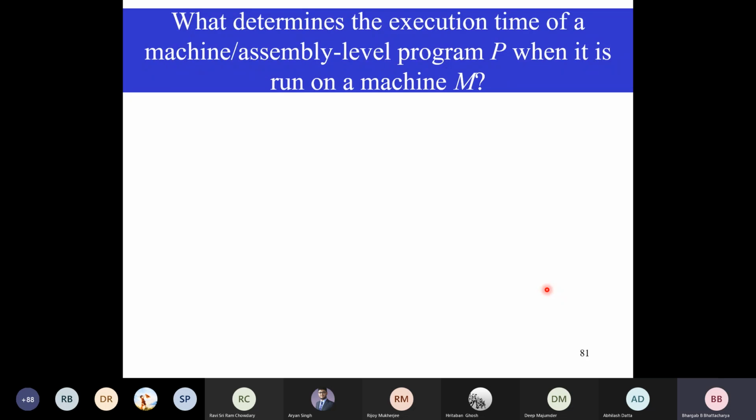If the execution time differs, then it would be an additional overhead for the controller to manage that. So for simplicity, let's assume that all instructions are more or less the same. Number of instructions is one thing, right? Instruction count.